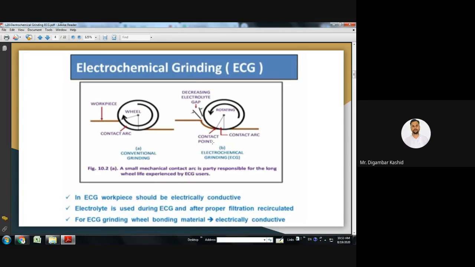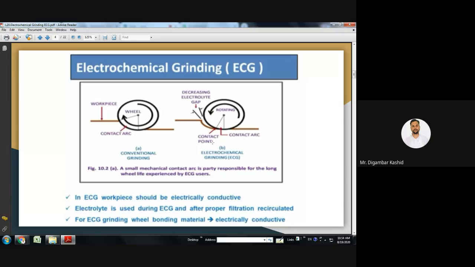Sorry, in the case of electrochemical grinding, only 10% of the metal removal takes place due to the grinding operation, and the remaining 90% of metal removal takes place by the electrochemical machining operation.